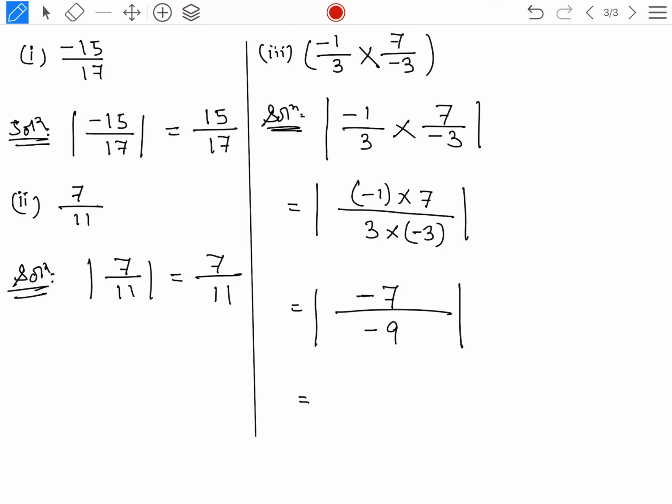Both numerator and denominator have minus signs, okay? So these minus signs can be cancelled out. So it will become positive. So the absolute value of 7 by 9 is equal to 7 by 9. Understood?